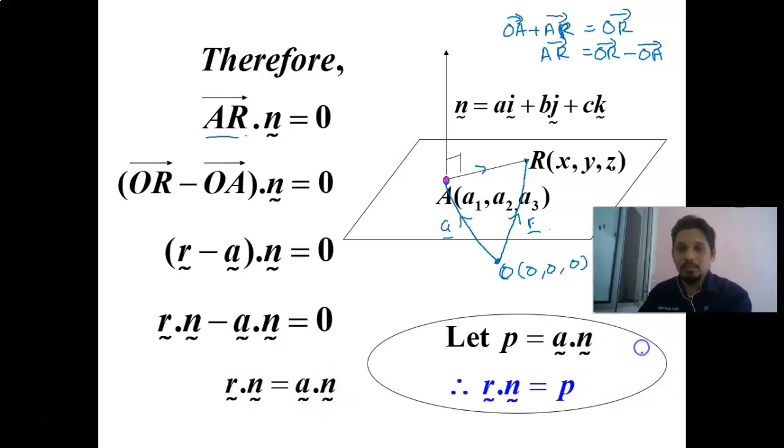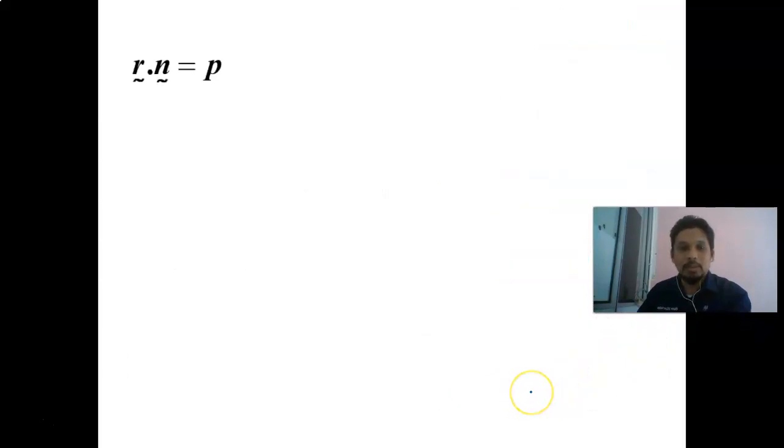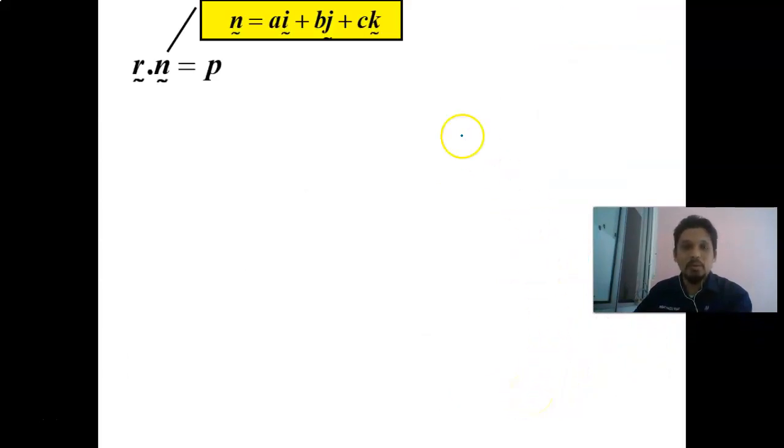Okay, so we simplify this: R dot n equals p, where R is any vector. The n is a normal vector that forms a 90-degree angle to the plane.